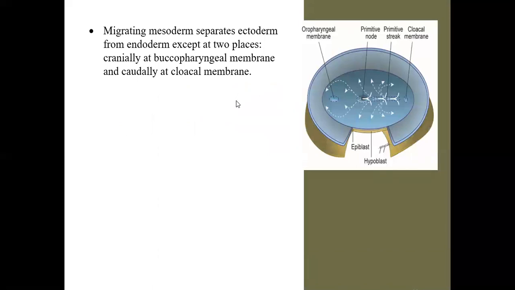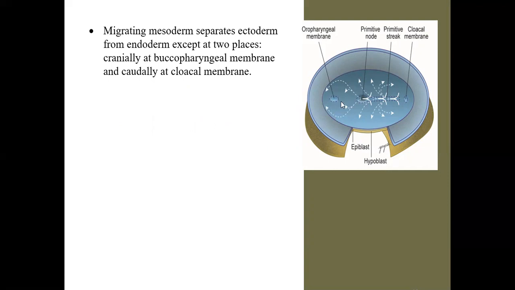Migrating mesoderm separates ectoderm from endoderm except at two places. Cranially, where the ectoderm and endoderm remain adherent, is the buccopharyngeal membrane, which corresponds to the prechordal plate. If you remember, some of the hypoblast cells became columnar in the second week.